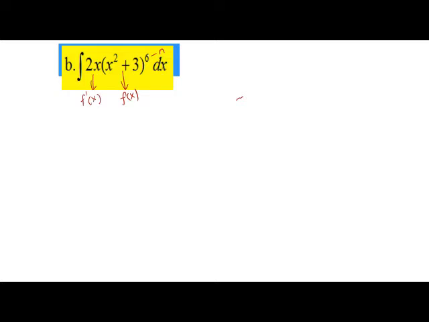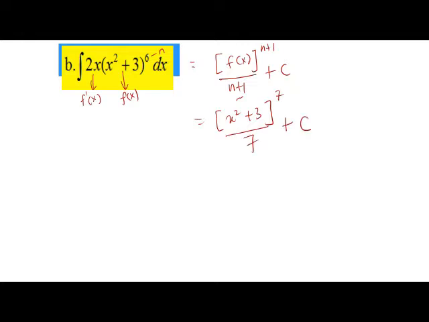Then, after we substitute into correct formula, we're going to have f(x) bracket to power of n plus 1 over n plus 1 plus c. So here will be bracket x squared plus 3 bracket, and here is 6, 6 plus 1 is 7 over 7 plus c. Simple.